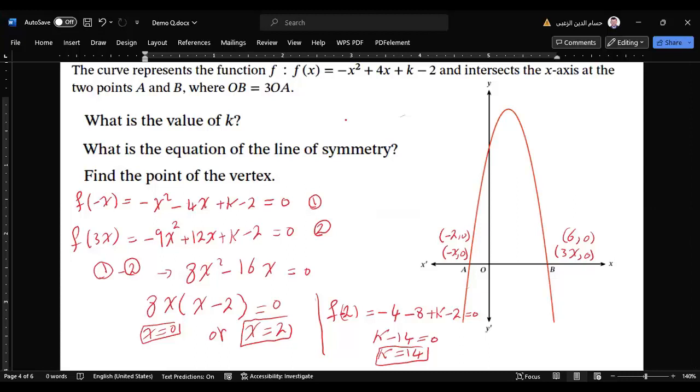f of x equals negative x to the power 2 plus 4x plus 14 minus 2, which is 12.